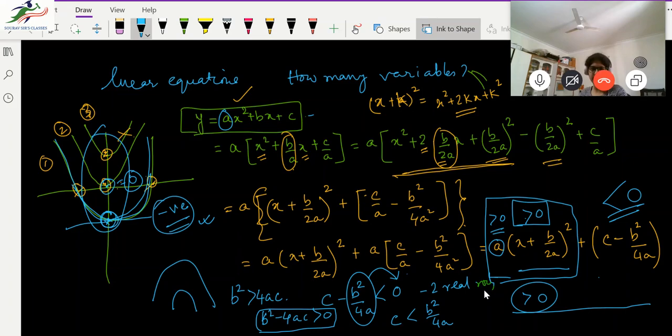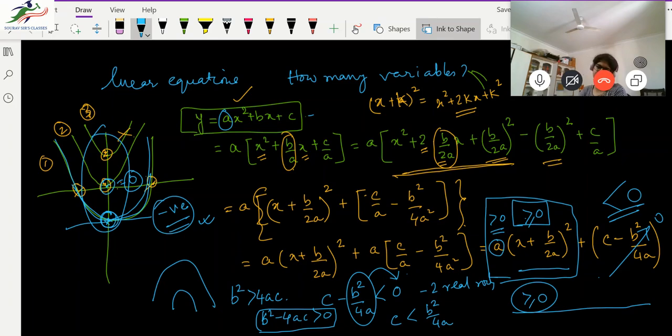What happens if b square minus 4ac is equal to 0? That means this term will become equal to 0, right? Then the equation will remain positive or 0. This is greater than or equal to 0.